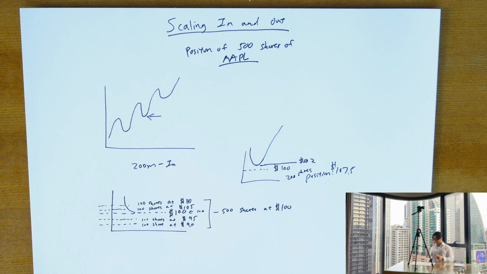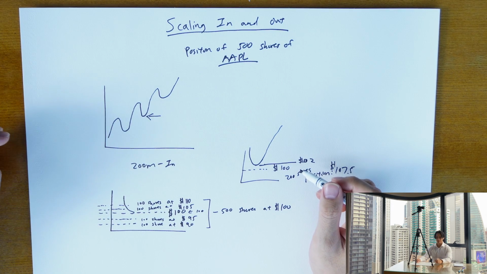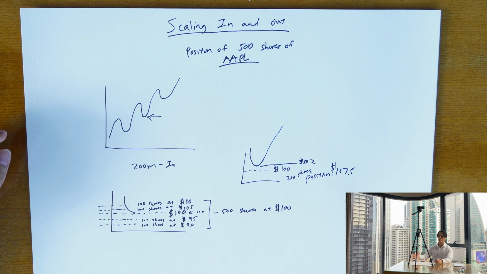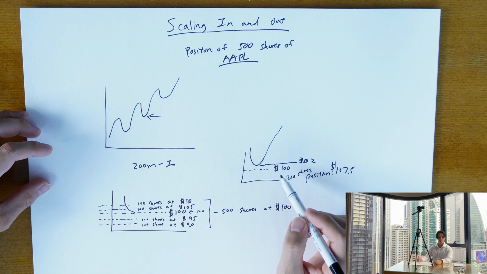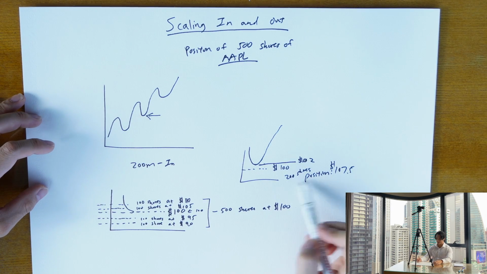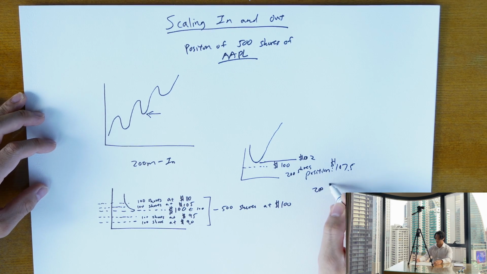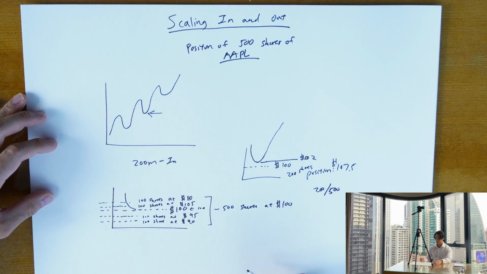And so what this allows you to do is, previously, if you just try to go all in at $100, you're not even in the position, right? Now you have a partial position of 200 shares out of 500 at 107.5, right?